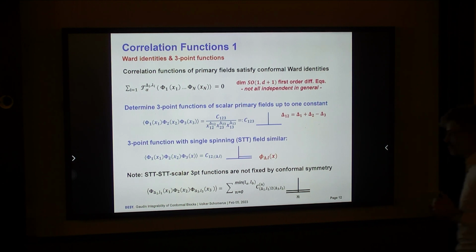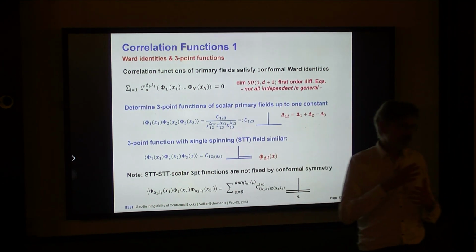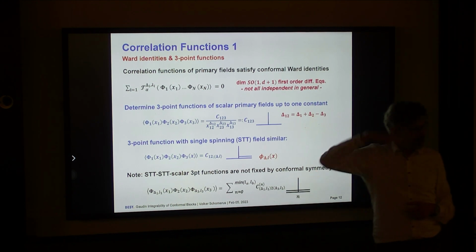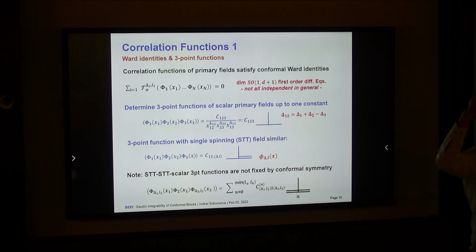Now if you have a field with spin, you have creation operators, right? The creation operators in this field, first of all, are the derivatives. These are 4 creation operators for every field. And then you also have 2 spin creation operators, because your SO(6) has 2 creation, 2 annihilation operators, and 2 Cartan. So for a generic representation, you have 6 creation operators that create descendant fields from the primary.